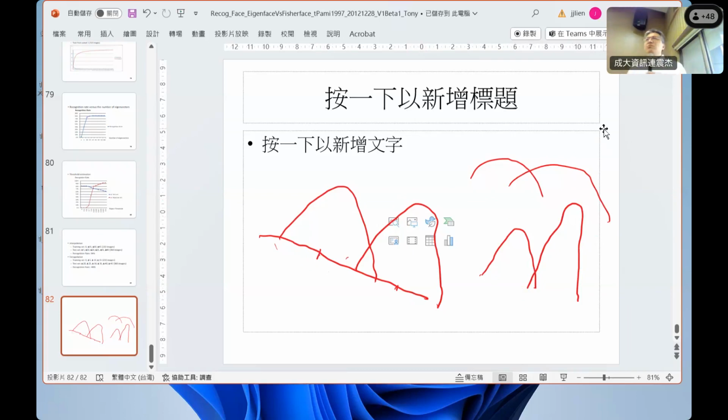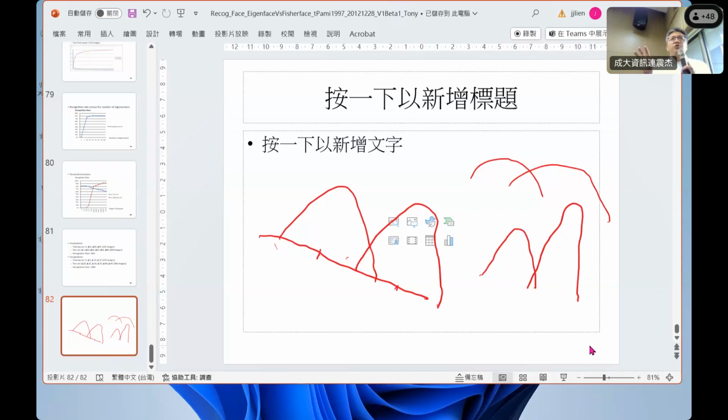In the exam, I will ask you, what is the major physical meaning of the purpose of LDA? The answer is that we have the within and the between.